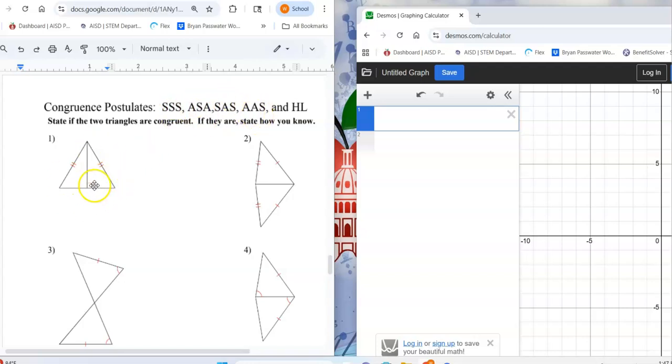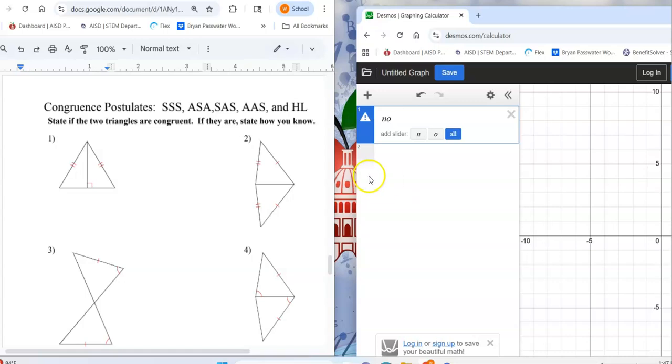Number one is A, because if that's 90, the opposite side is 90. A. It shares this middle line, which means that's congruent. That's S. And then they say that's that. Now notice none of these say ASS. None of them do. So this is actually no. We don't have enough information to say that number one is congruent.